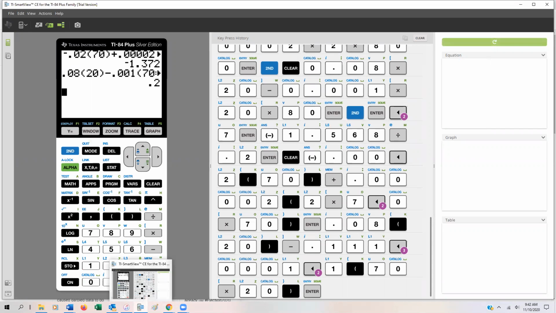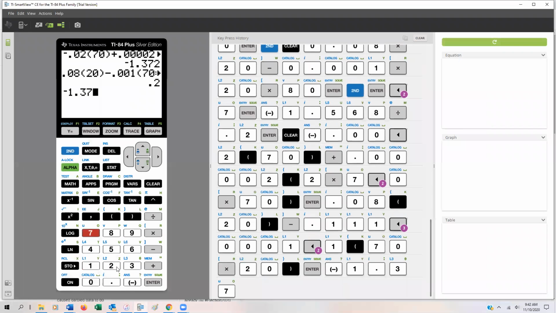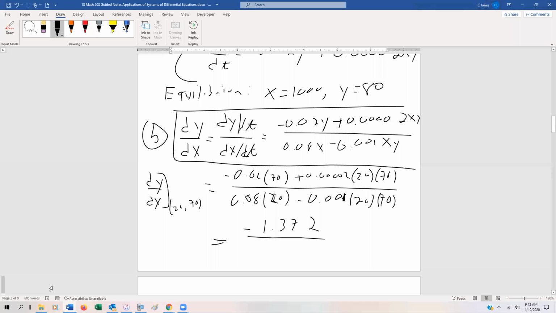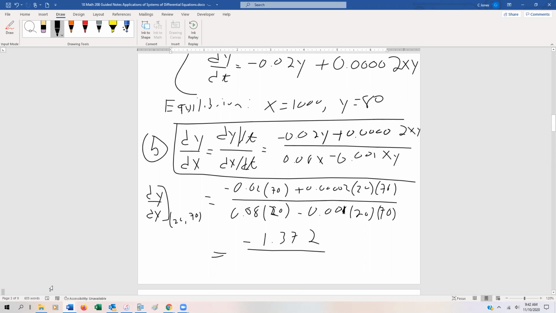And then we can take the negative 1.372 divided by 0.2, and we're going to end up with negative 6.86.